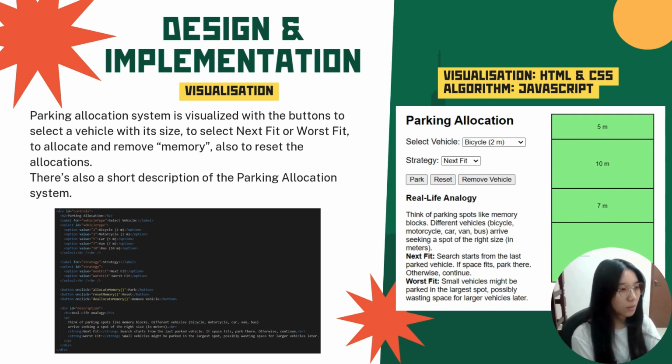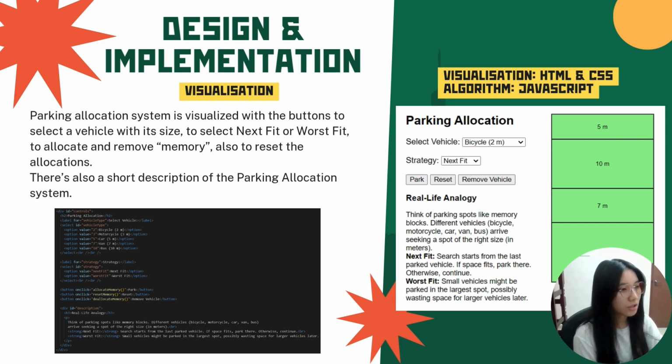The first one is park, to park the vehicle. The second one is to reset the allocations, and the third one is to remove the vehicle. We also include a short description of our parking allocation system's real-life analogy. Think of parking spots like memory blocks. Different vehicles arrive seeking a spot of the right size.